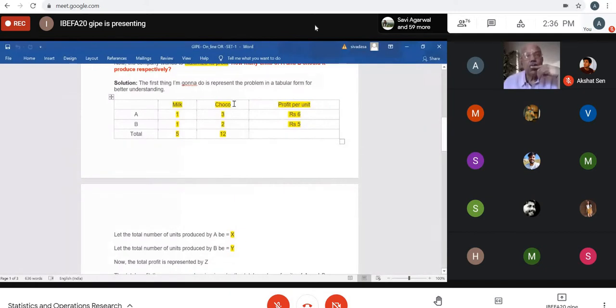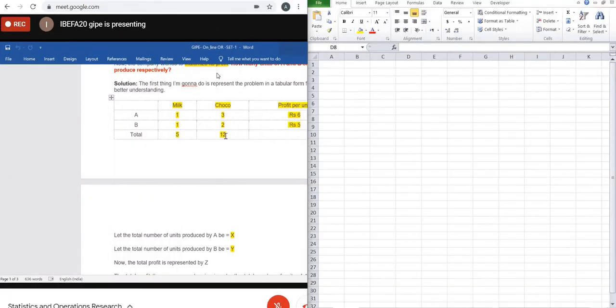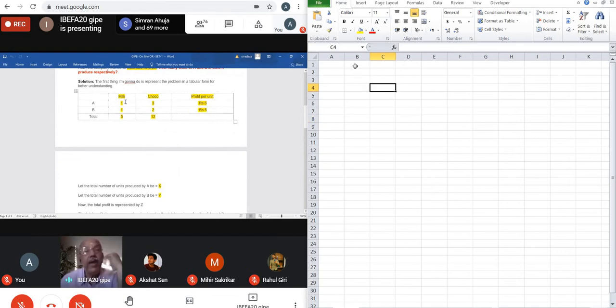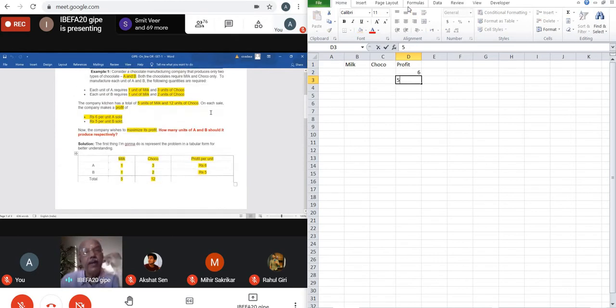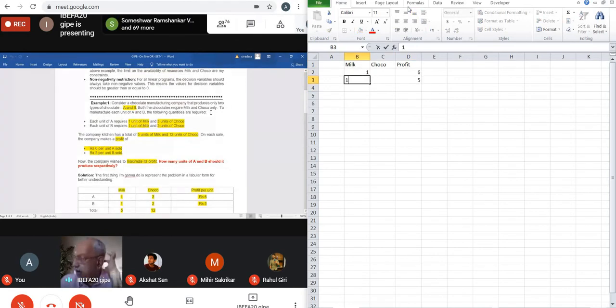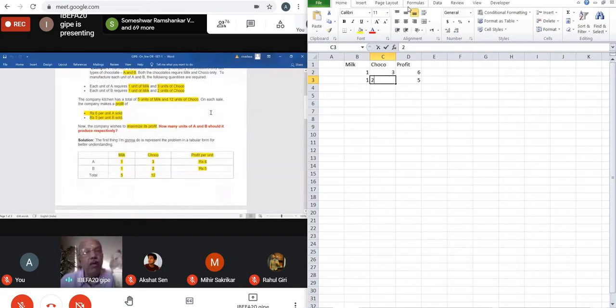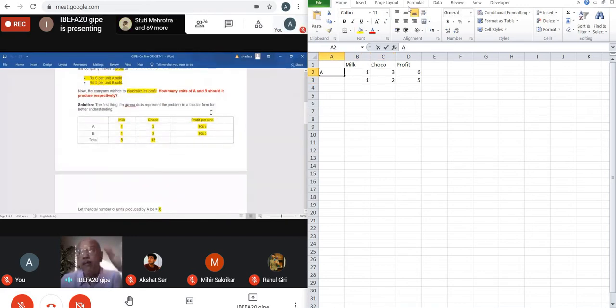Milk and choco, availability will be 5 units of milk and 12 units of choco. A require 1 and 3, B require 1 and 2, profit 6 and 5. So either a problem can be a descriptive type given or the problem can be of a table form.